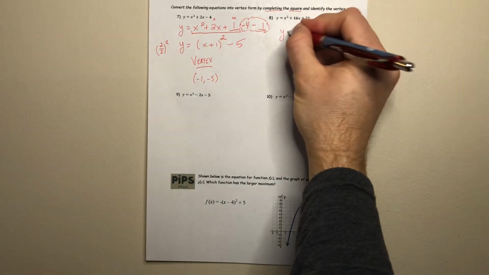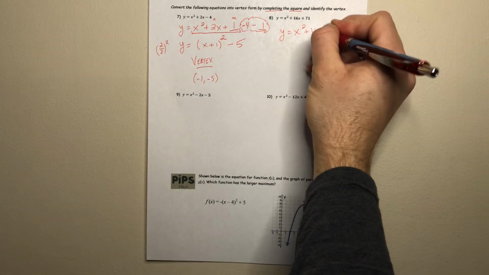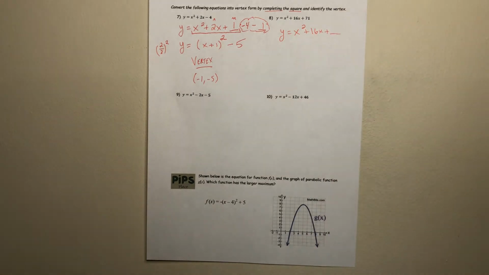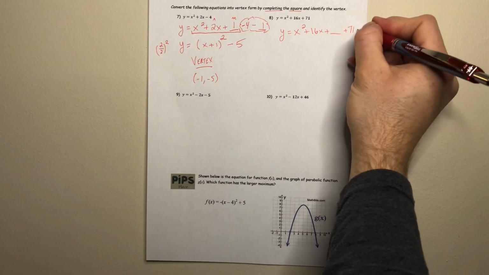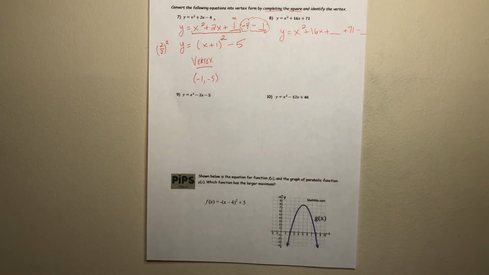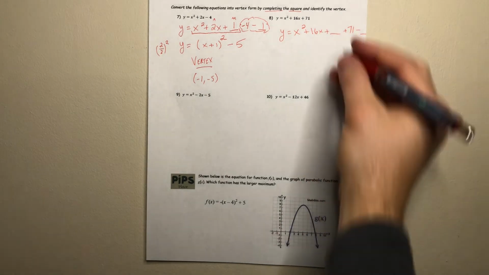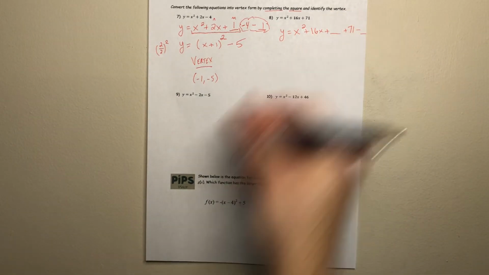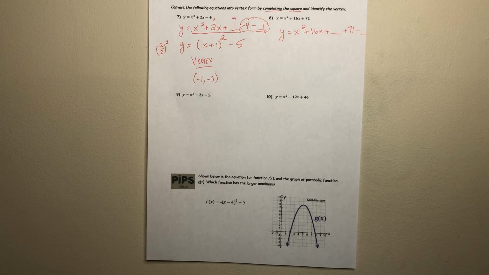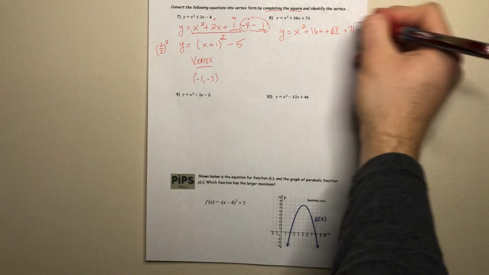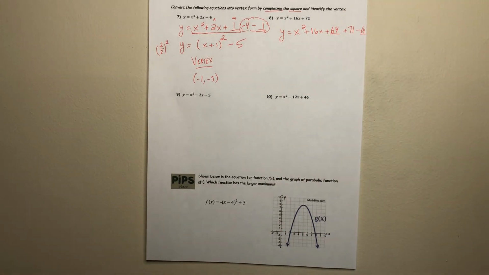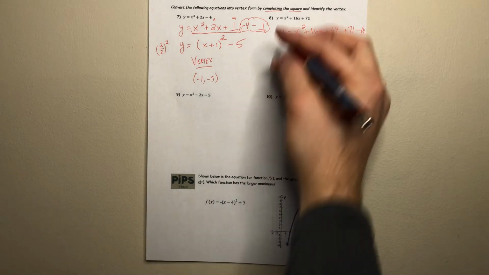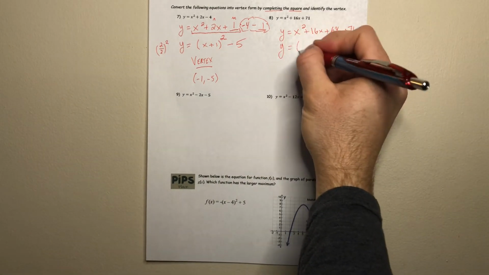So here's what I want to do here. x squared plus 16x plus something, and then plus 71 minus that same thing. So half of 16 is 8, and 8 squared is 64. So I want to add and subtract 64. Now this is going to factor out very nicely.